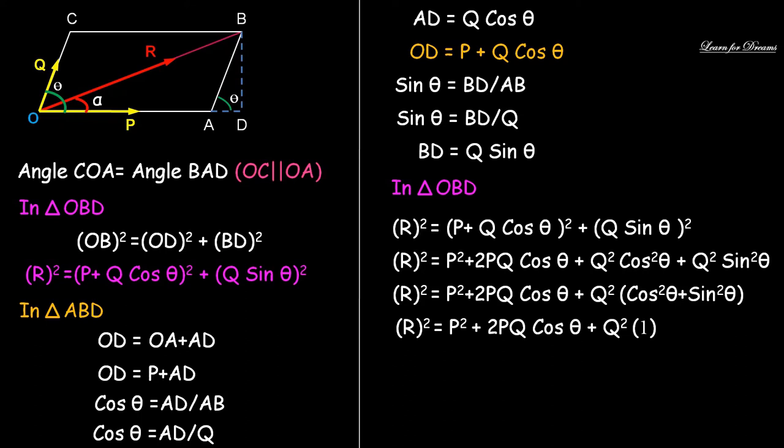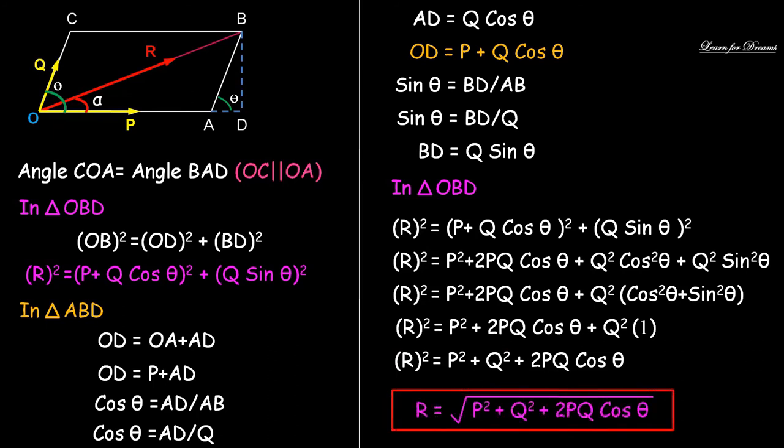We know that, right? So we get the equation R square is equal to P square plus Q square plus 2PQ cos theta. And here is our final equation for the resultant, that is R is equal to under the root P square plus Q square plus 2PQ cos theta.